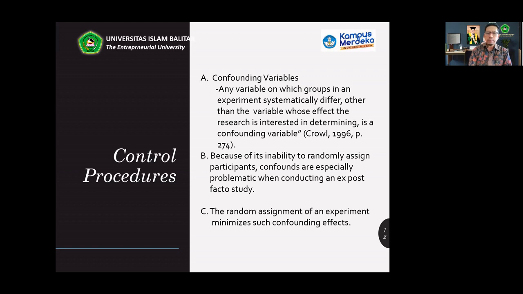The random assignment of an experiment minimizes such confounding effects.